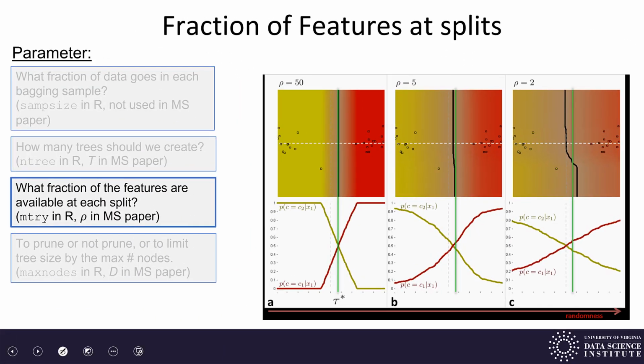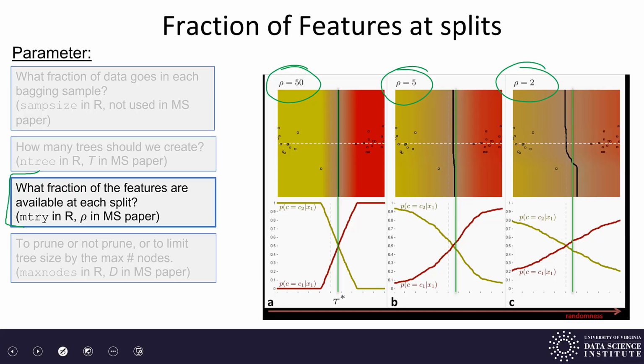Next parameter to look at is the fraction of features that are available in each split. This is a picture from the Random Forest Microsoft white paper. There are 3 plots here, and the difference is rho is 50, rho is 5, and rho is 2. This is higher dimensional data plotted in 2 dimensions.